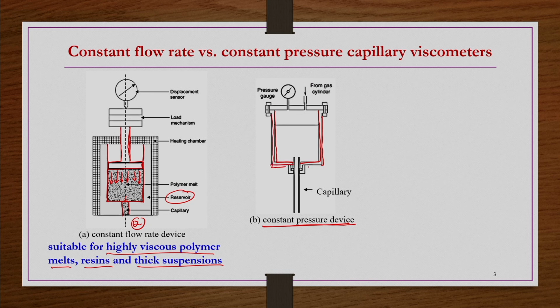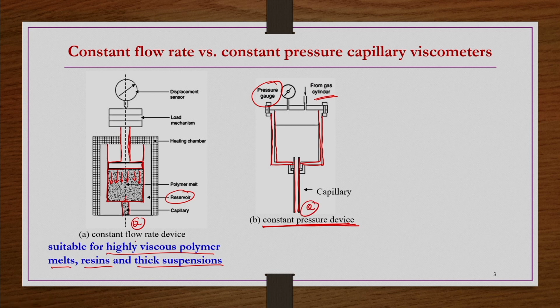That opening is adjustable, so that you can fix a capillary of different diameters like this, right. But in addition you will be having a pressure gauge and you will be using some gas cylinder to maintain the required pressure. So, here you are maintaining constant pressure, and whatever the flow rate you are getting, you are noting down.